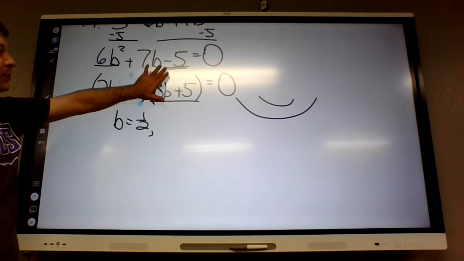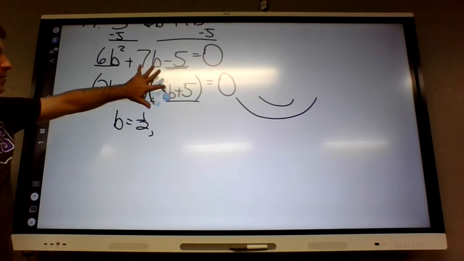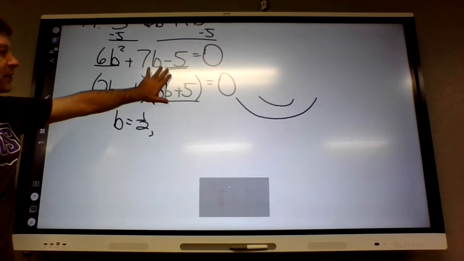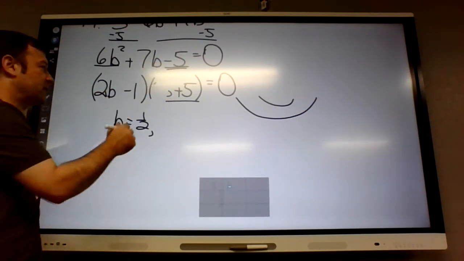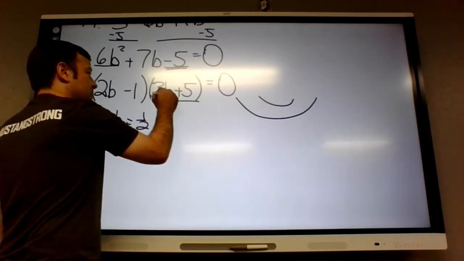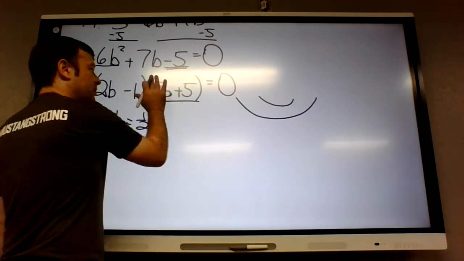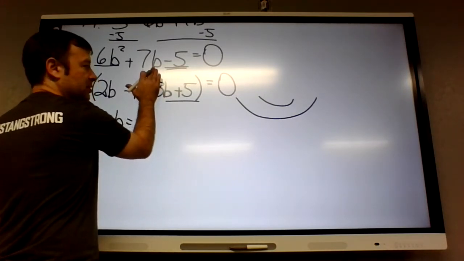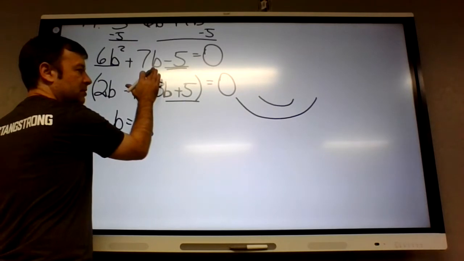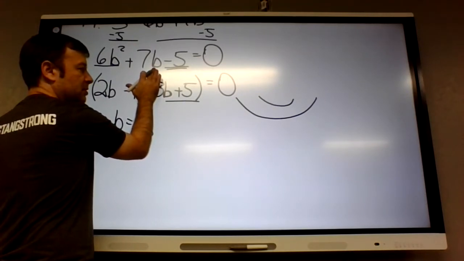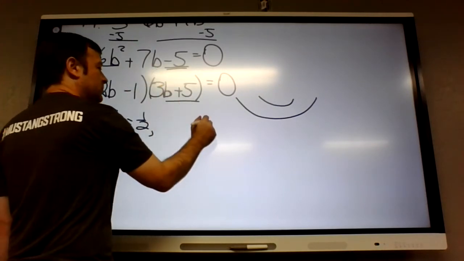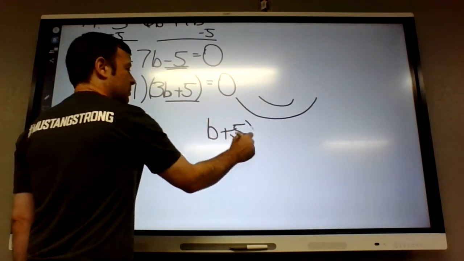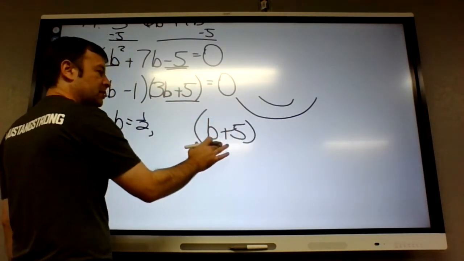Okay, if that 3 wasn't there, what would it be? If it just said b plus 5, if the 3 was gone, what would that be? What would this be?